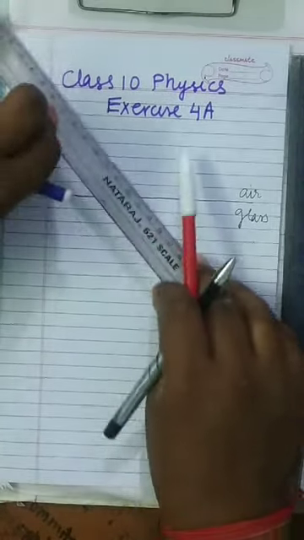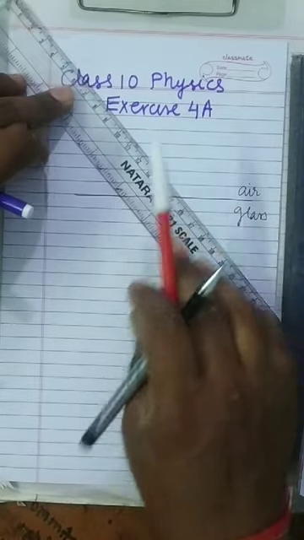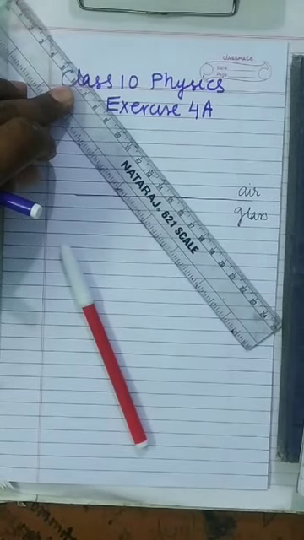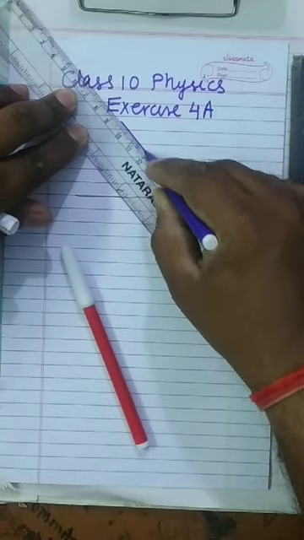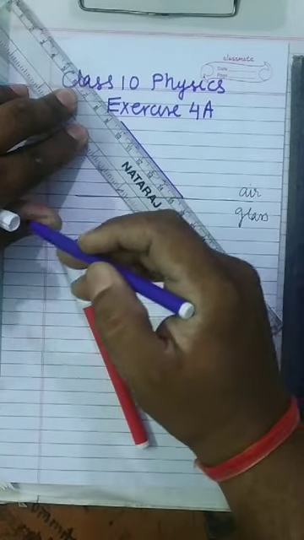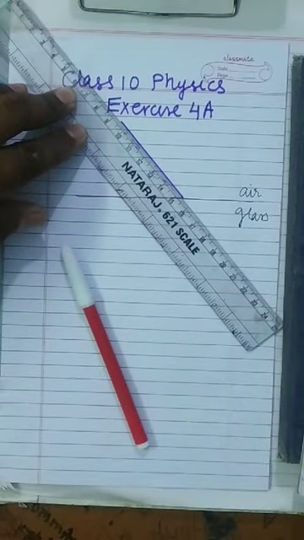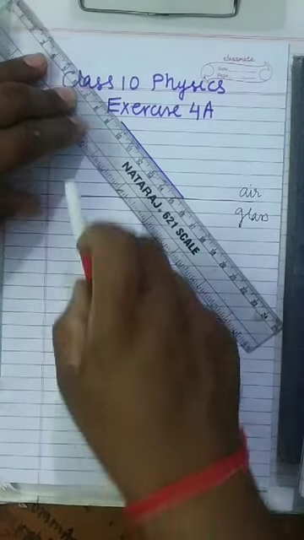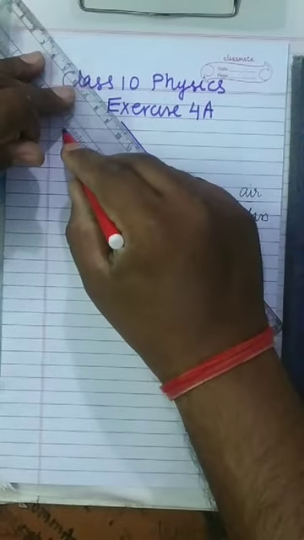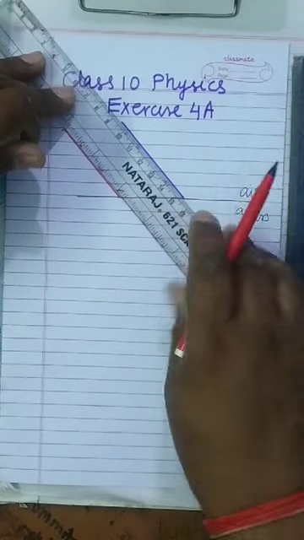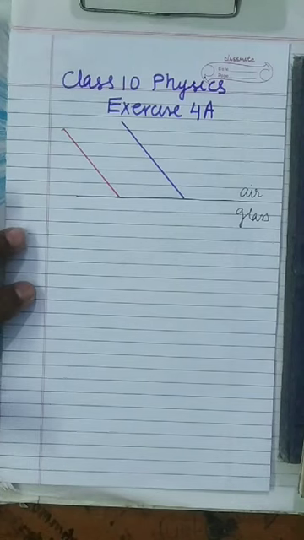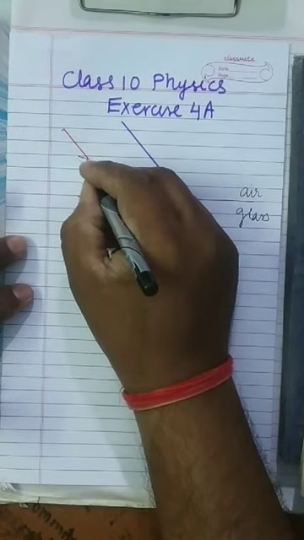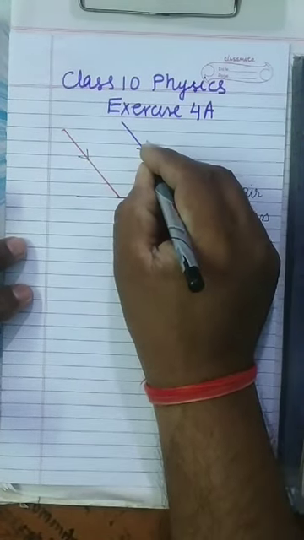Both the rays are parallel, one of red color and the other of violet color. You have to draw the path of their corresponding refracted rays. This is red and this is violet.